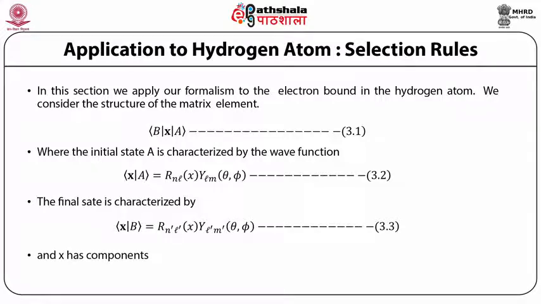And X has components which are written in terms of r, theta and phi, so we have x is equal to r sine theta cos phi, y is equal to r sine theta sine phi, z is equal to r cosine theta.